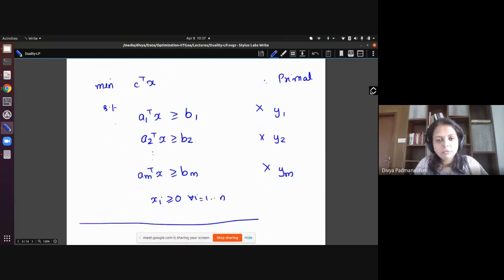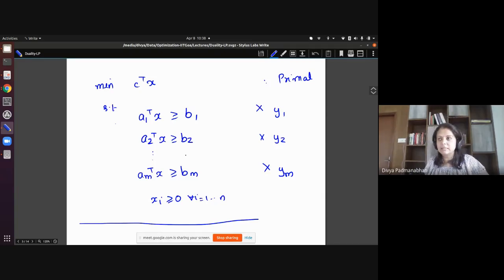One thing I want to mention is that the LP needn't be in this form, like A transpose X greater than B. You can have things like AX equal to B or AX less than B. That's also fine. If it is in this form, you have a method to write the dual, and for all other forms, you can convert it into this form. I don't mean using surplus variables or free variables.